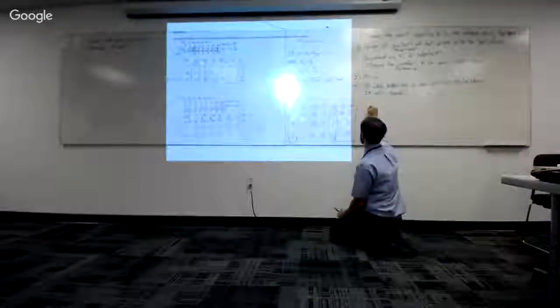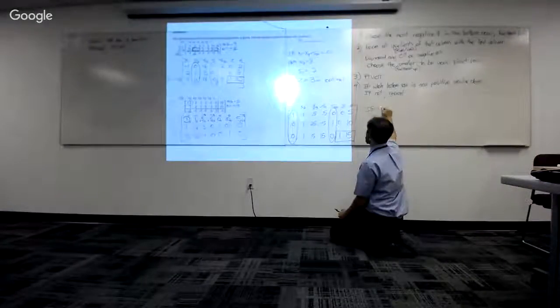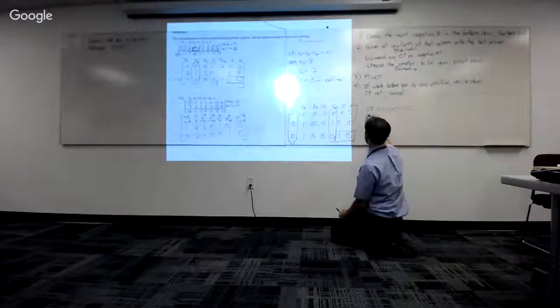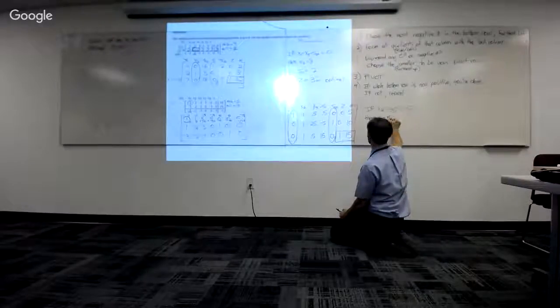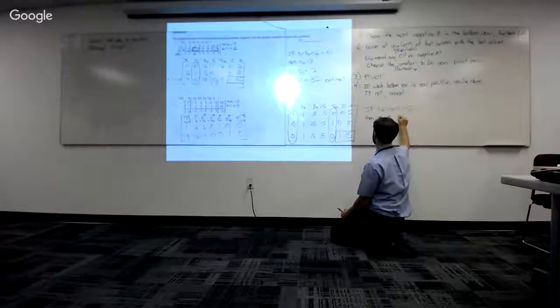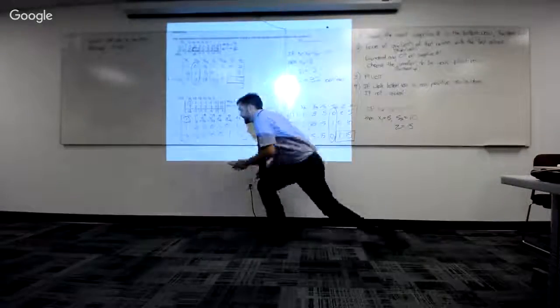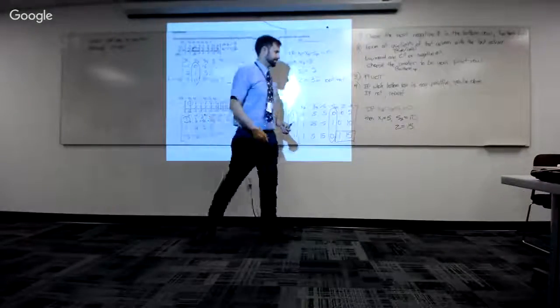So again, if X2, X3, and S1 are all equal to 0, then X1 is equal to 5, and S2 is equal to 10, and most importantly, Z is equal to 15. And that is the optimal value of Z.